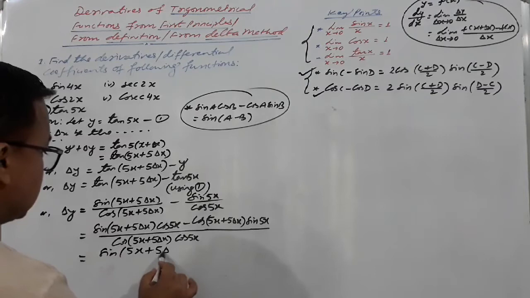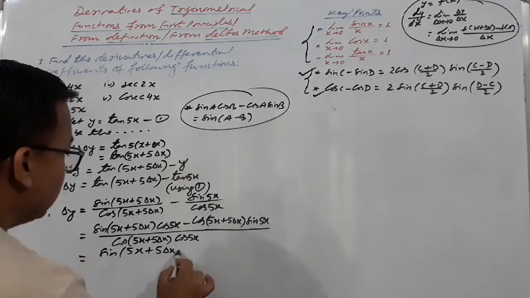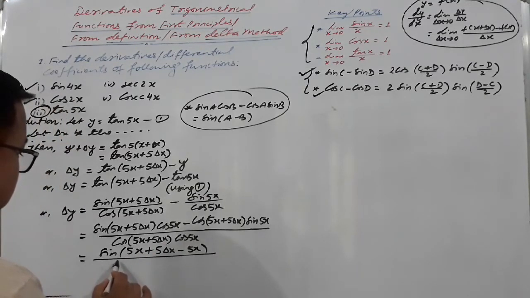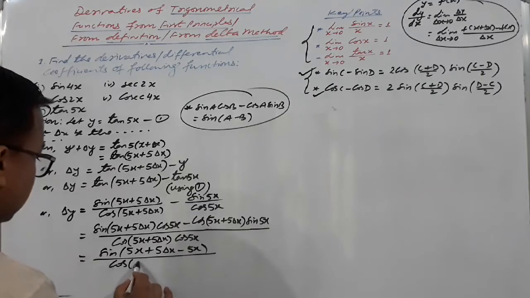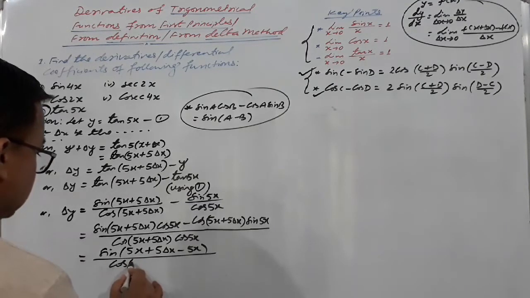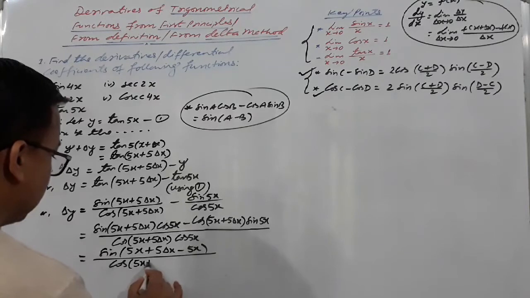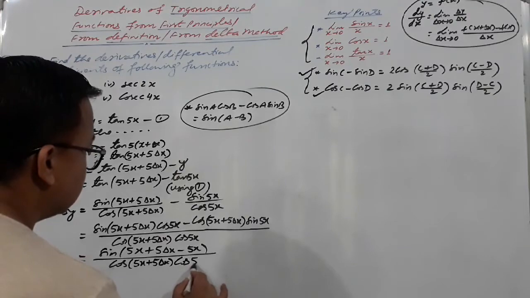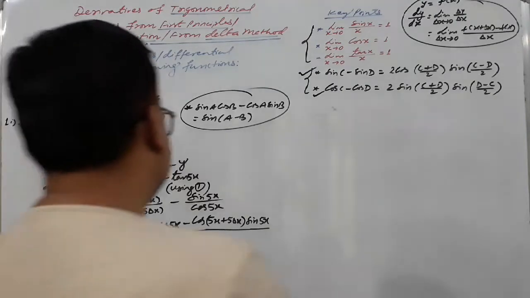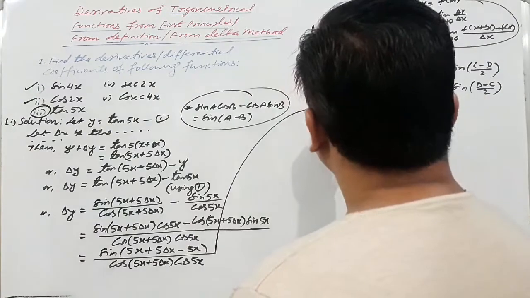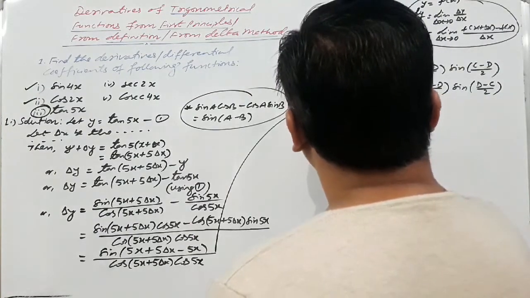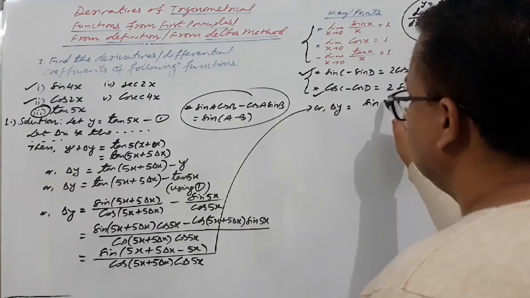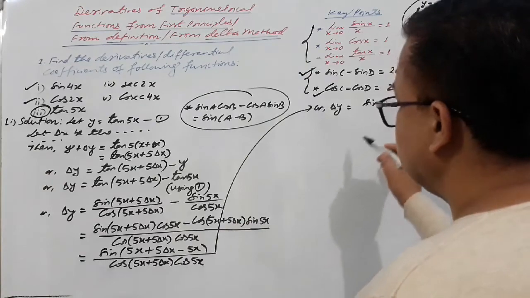Sine of 5x plus 5 delta x minus 5x over cos of 5x plus 5 delta x times cos 5x. Or delta y is equal to sine of 5x minus 5x.